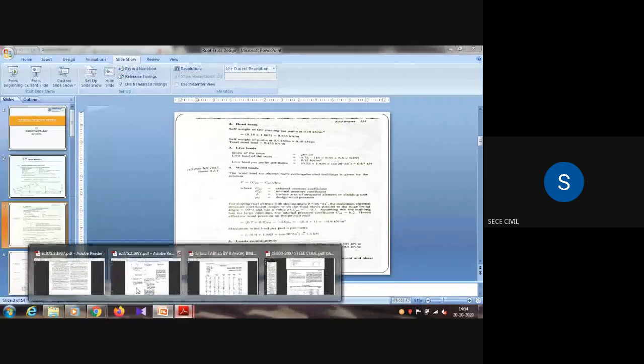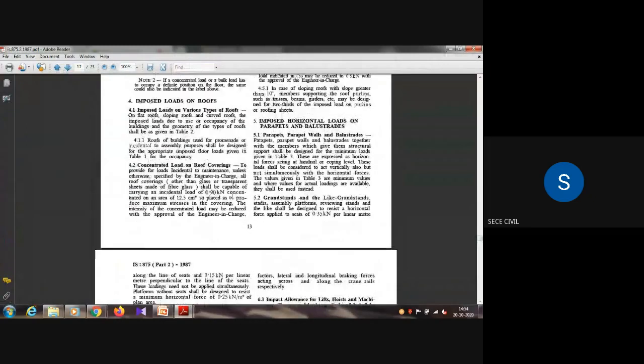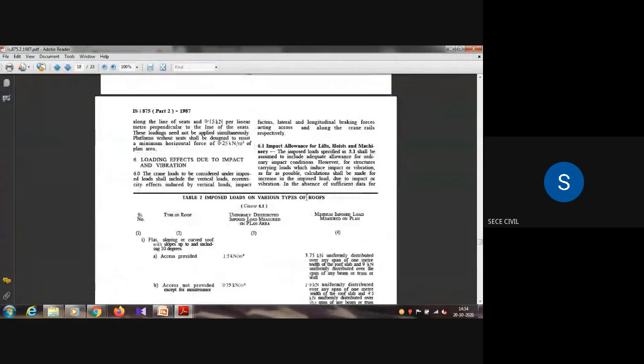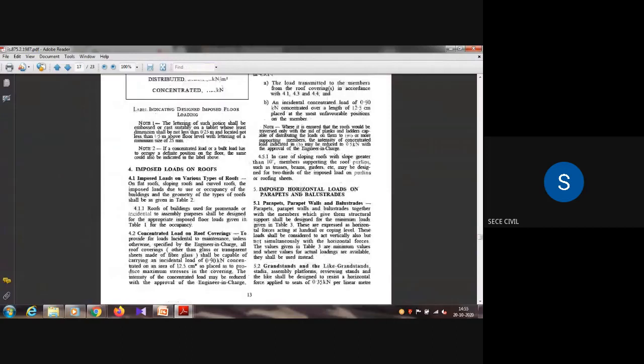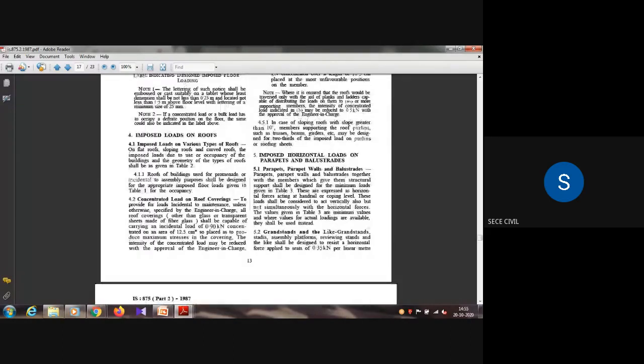You can see in the code book IS 875 part 2 also. Imposed loads on roof.